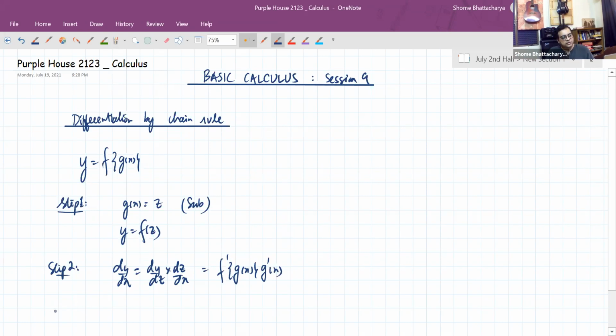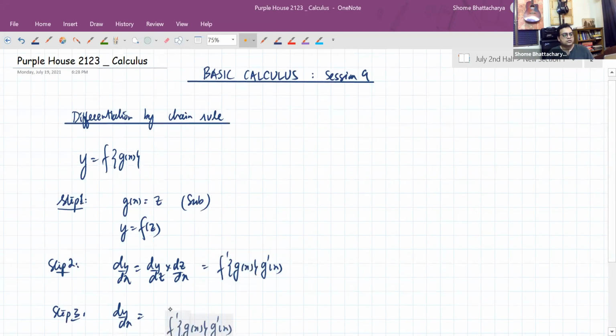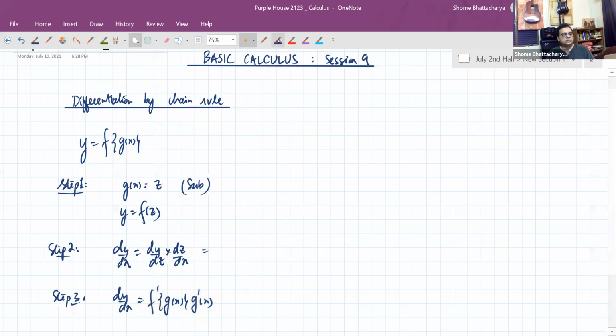And finally, resubstitution. So actually, this step comes with the resubstitution. So this is what our application of chain rule looks like, and this is what we discussed in the last lecture.